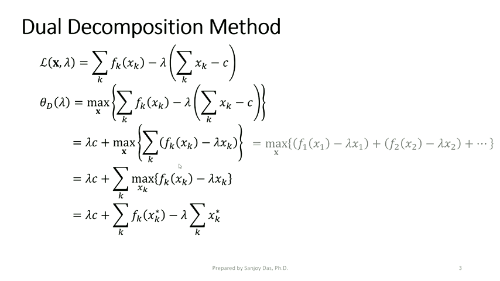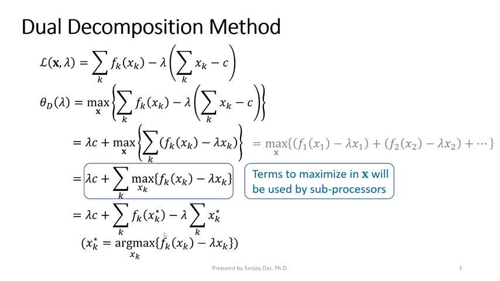Now suppose xk star is known. Okay, then this is what it boils down to, right? So we have two forms of expressions here. This will be maximized by the subprocessor, and the subprocessor will think that lambda is known. Okay, so they will only maximize this part.